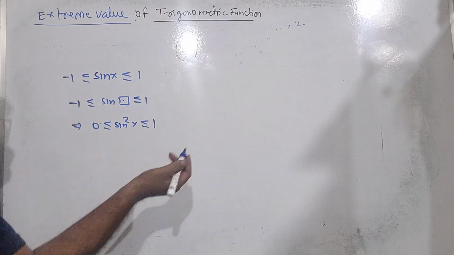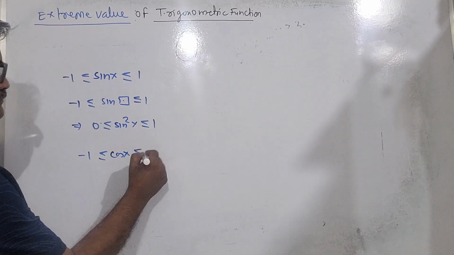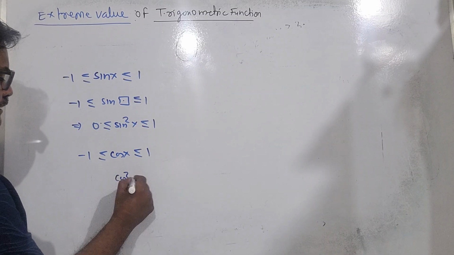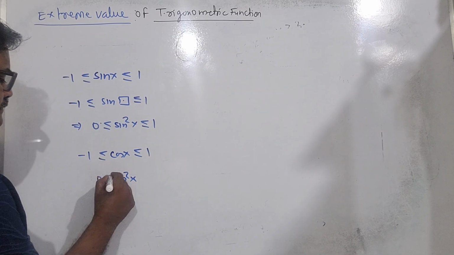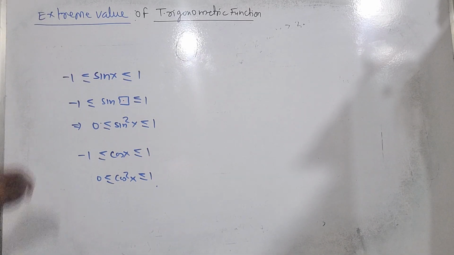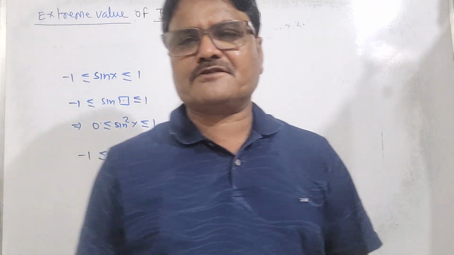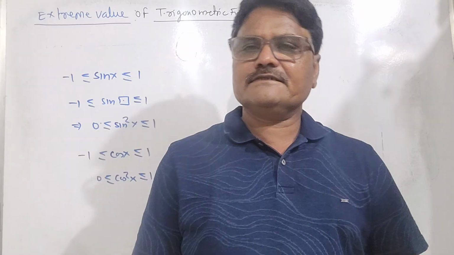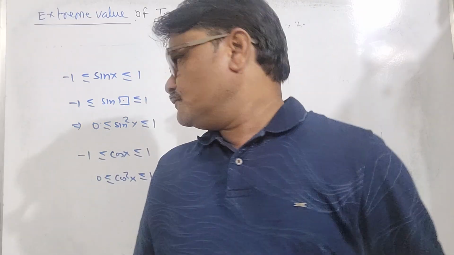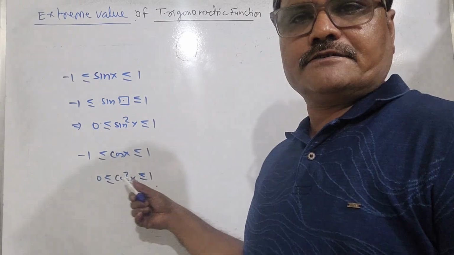And similarly for cos, the range is -1 to 1, and cos square range is 0 to 1, correct? So these two fundamental trigonometric functions, sine and cosine, this range you have to know, and from here the sin square and cos square x range, correct?